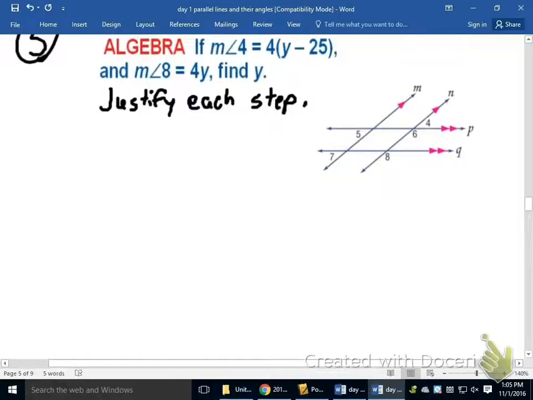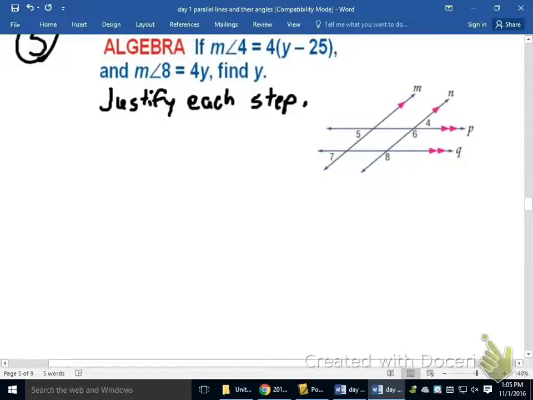All right, so I'm going to justify each step here. I'm not really expecting a formalized proof here, but I am expecting to see every step justified. If you want to set it up as a 2-column proof, great, go right ahead. I'm going to state what the relationship of angle 4 and angle 8 is, and that is that these are supplementary angles. They are on the transversal end, they are on the same side of the transversal, and they are exterior angles.